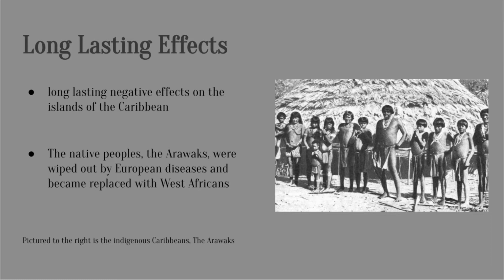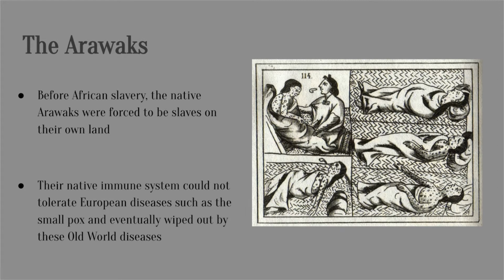The native people, known as the Arawaks, were wiped out by European diseases and eventually were replaced by West Africans. Pictured to the right are the indigenous people of the Caribbean before colonization and the slave trade. When Europeans reached the Caribbean, the native Arawaks were forced to be slaves on their own land.